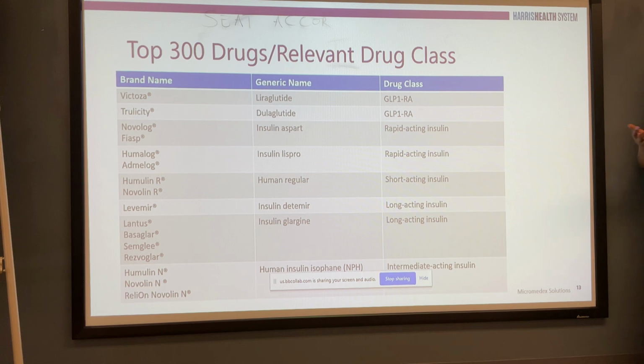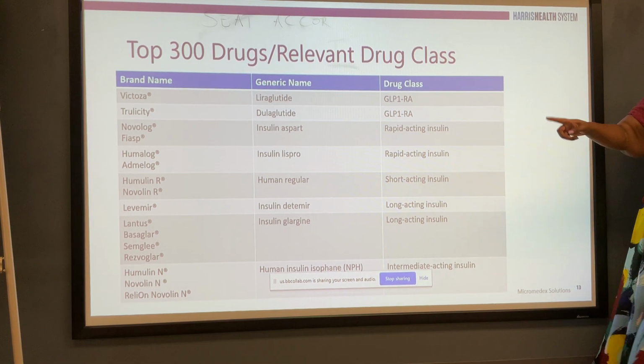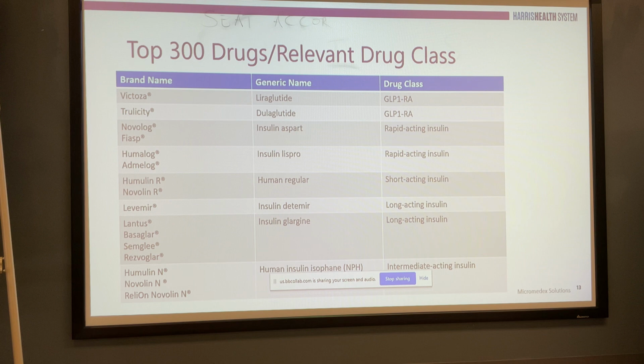It could be inpatient, outpatient, ambulatory care, you're gonna come across these drugs. So my expectation is that you know the brand and generic names and how to classify these agents as if they're long-acting, rapid-acting, short-acting, because you're gonna see them. And as you know, there's multiple trade names that could be interchangeable. So make sure you know all of the available names. And I listed them here for you. And the chart should be complete, but just compare it to your current textbook, just in case something's missed.